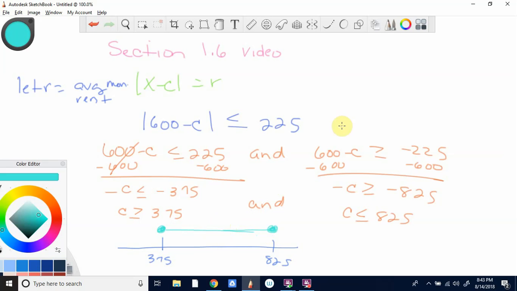So there's your graph, and then you can write it as 375 inclusive, comma, 825. In set builder notation, we can say C such that 375 is less than or equal to C, less than or equal to 825. So you choose which format.